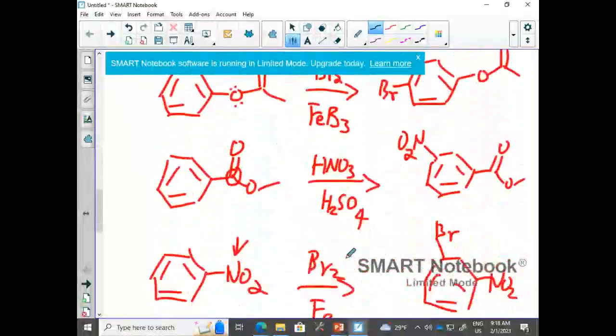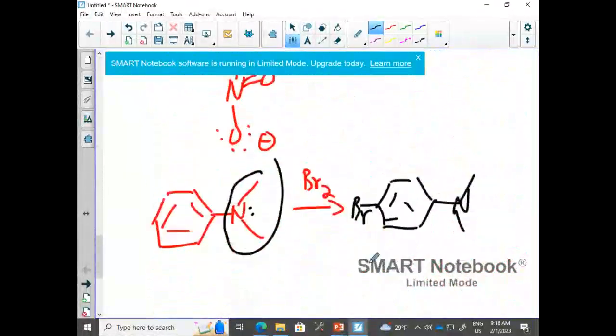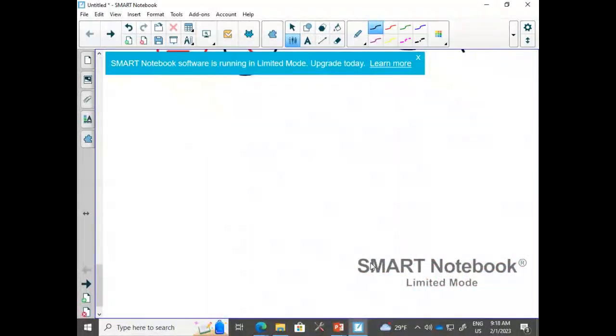But if you look at chlorobenzene or bromobenzene, let's say chlorobenzene, we know there's an inductive effect, electron withdrawing, and also we can have the resonance effect.